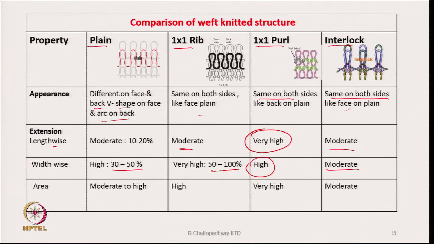Therefore, depending upon the type of extension we require, we can choose a particular type of structure. And area wise, extensions are given here. Where very high extensions are required, in some products we can go for purl.